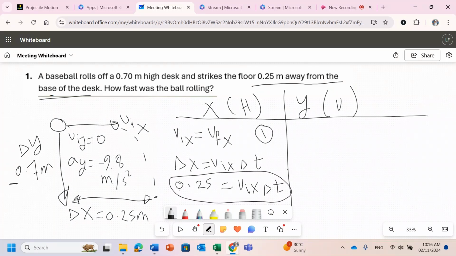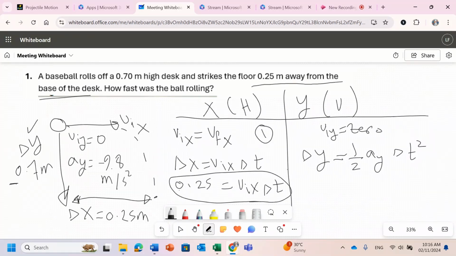Now let's go to y direction. In y direction, I have three equations. Since delta y is given to me already in the question, I can use the second kinematic equation. Remember, v initial in y direction is 0, so the first term of the kinematic equation is 0. So the equation will be delta y, to indicate the height, equals half acceleration y direction times time squared.